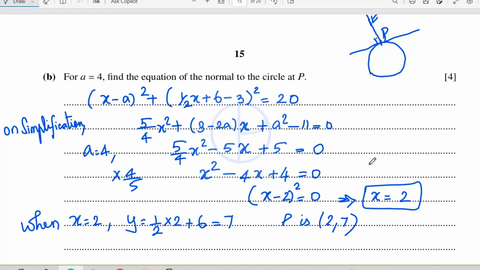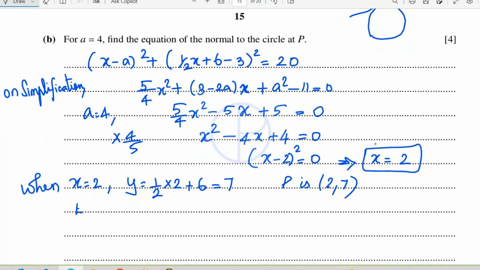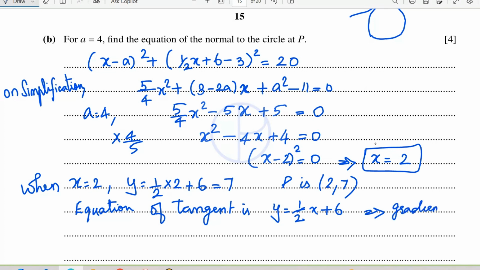The equation of the tangent is given. The equation of the tangent is y equal to 1 over 2 x plus 6, so the gradient will be 1 over 2.